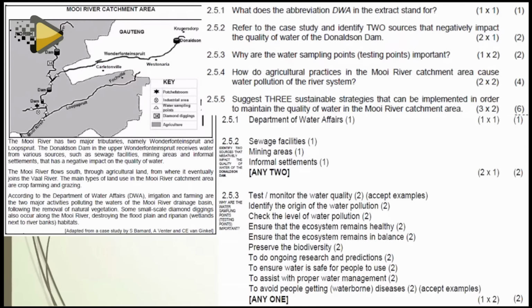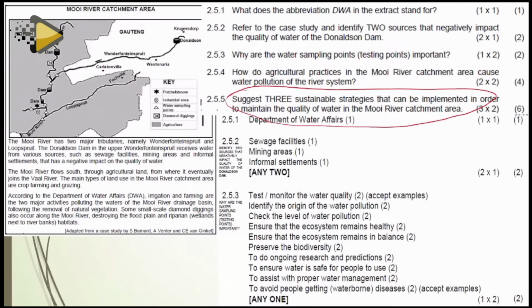What is important is that you must know the strategies. Suggest 3 sustainable strategies that can be used. Most of the common answers will be the strategies.